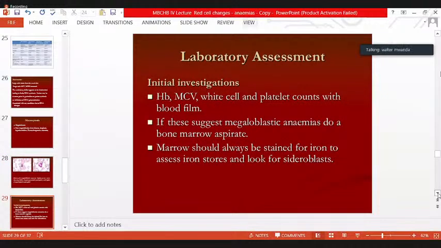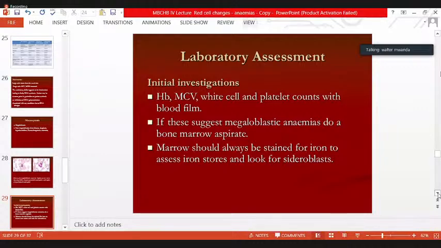The laboratory assessment of macrocytosis is a little bit more straightforward. With hemoglobin level, high MCV, abnormal white cell blood count, and a review of the blood film. From there, we have to separate them.